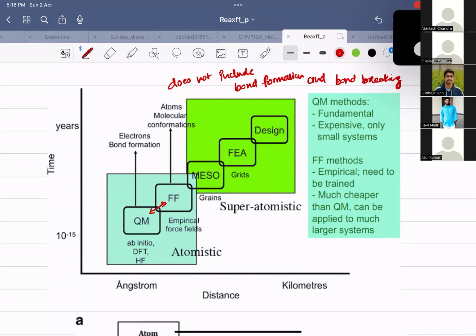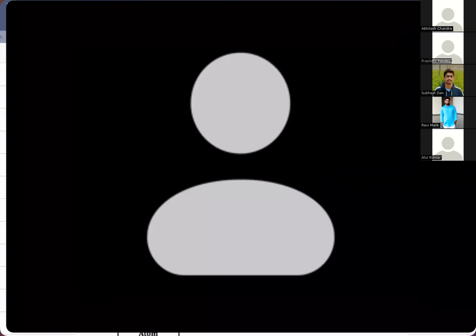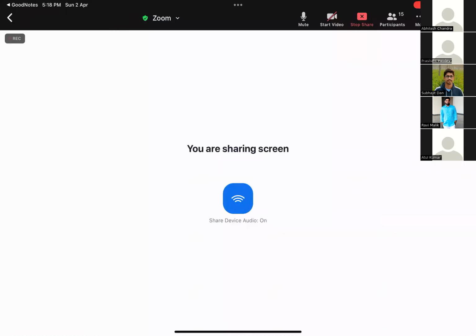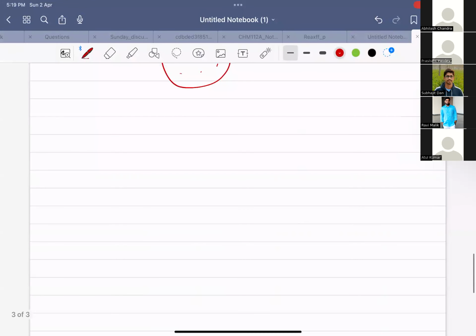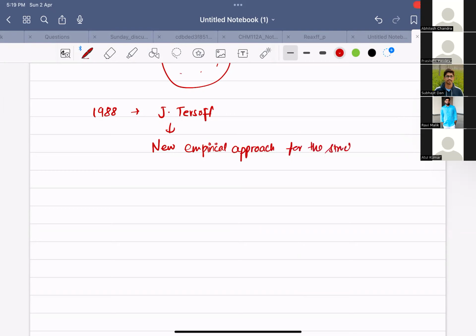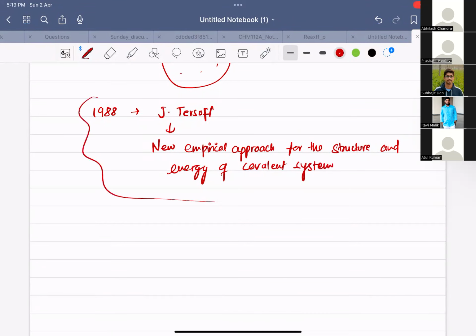So in 1988, J. Tersoff gave a new empirical approach for the structure and energy of covalent systems.